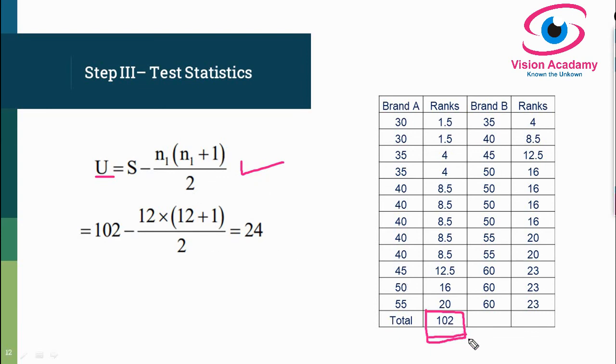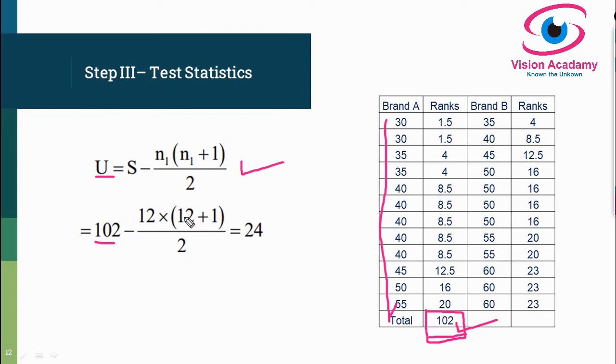So here the S value is 102, minus 12. 12 means the number of observations in this case is 12. 12 into the bracket 12 plus 1 bracket close, in the denominator 2.